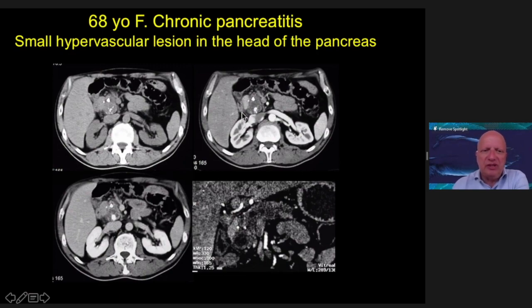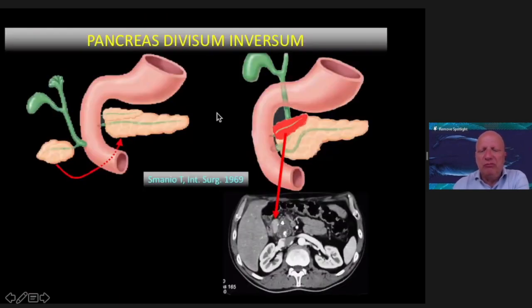This situation can be related to abnormal embryologic differentiation of the pancreas. That means the dorsal pancreas in reality has two buds. Each one is independent for the drainage, and only the largest bud fuses with the ventral pancreas when it rotates.